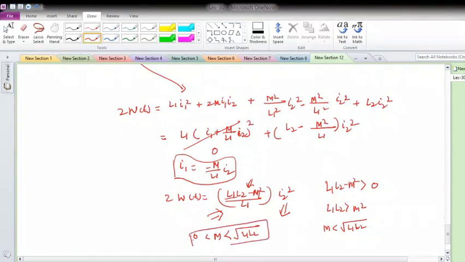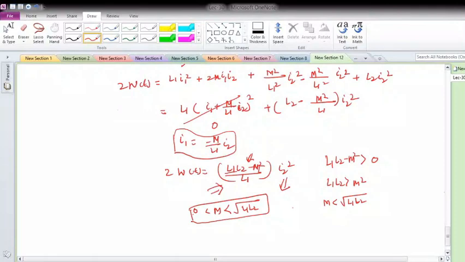So what I want to conclude is that when you are designing anything, you cannot arbitrarily select the value of M. The selection of M always has to be greater than 0 and always less than the geometric mean of the product of the two self inductances.